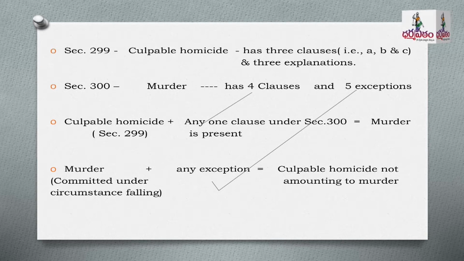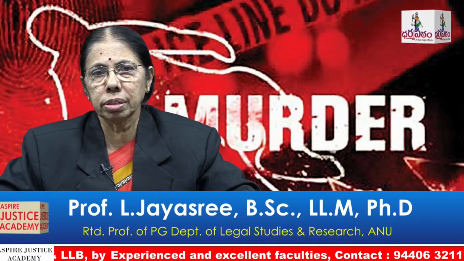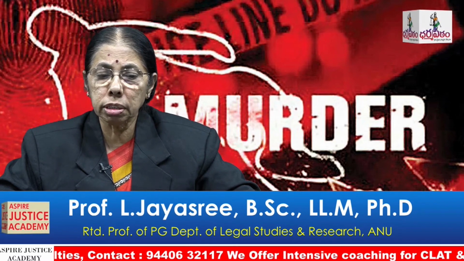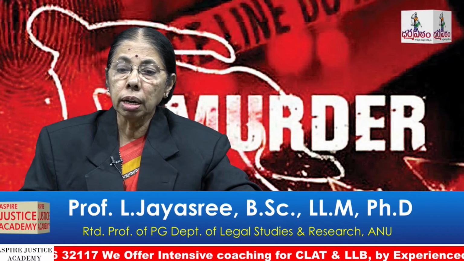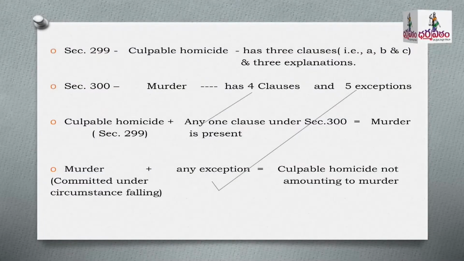And if the murder is committed under the circumstances falling under any one of the five exceptions, so murder plus any of the circumstances falling under the exceptions, that is called culpable homicide not amounting to murder.